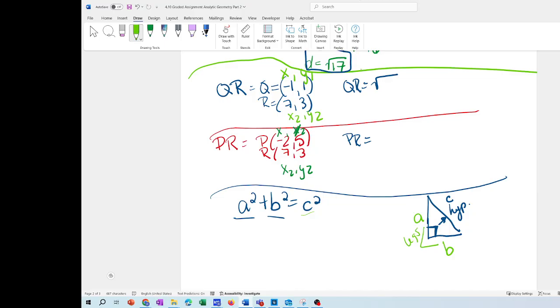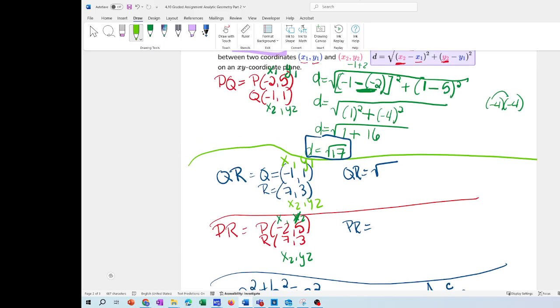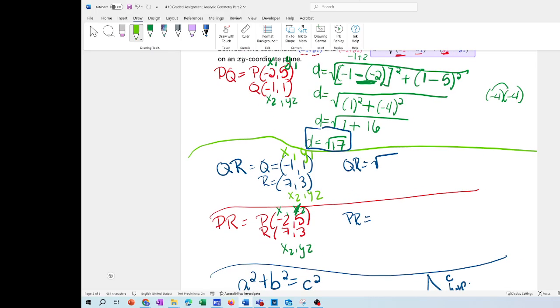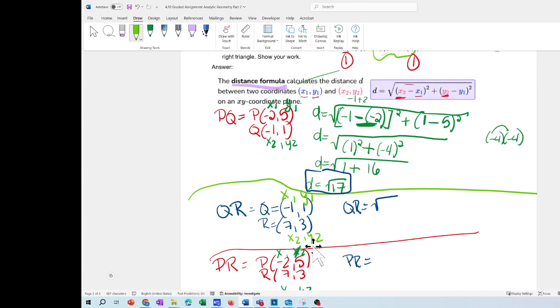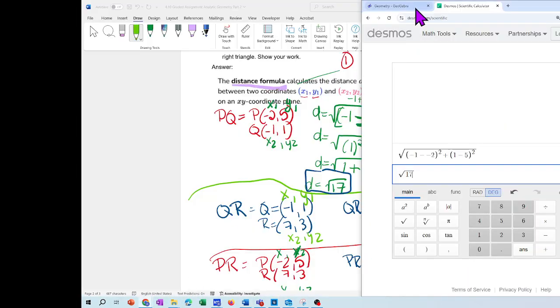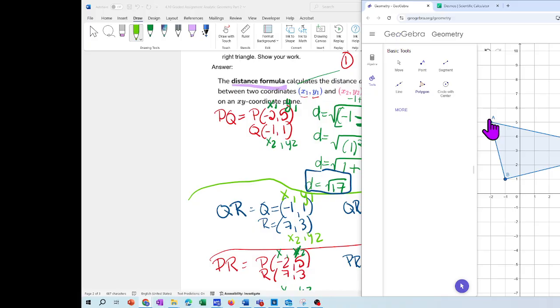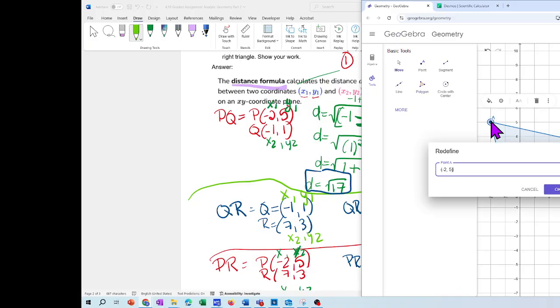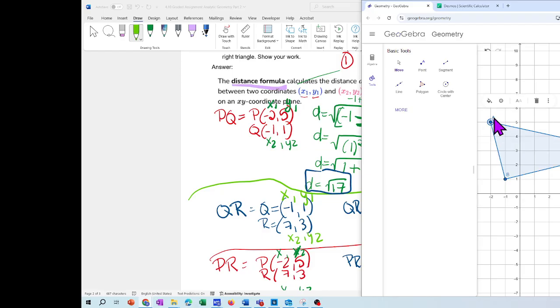So for example, what I did here, I got one of the values. You have to make sure which one is the hypotenuse. For example, PQ, let's go back. Let's do this.